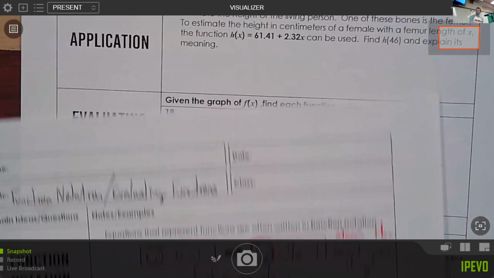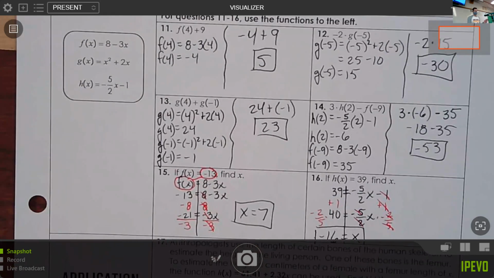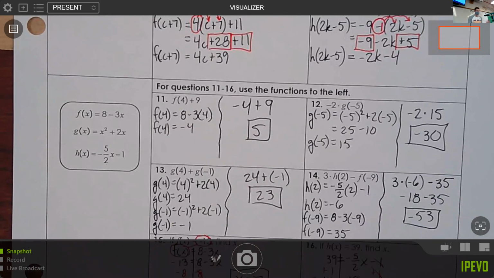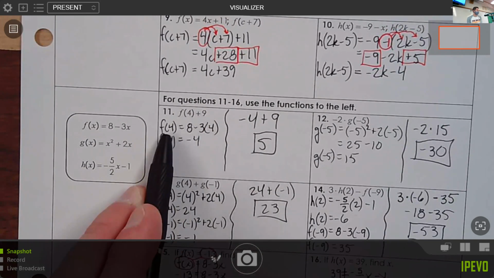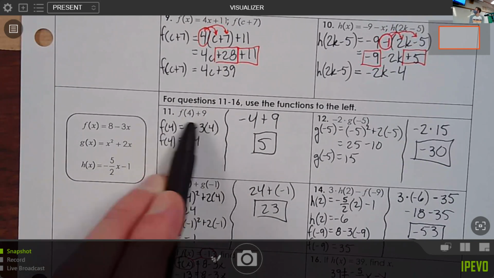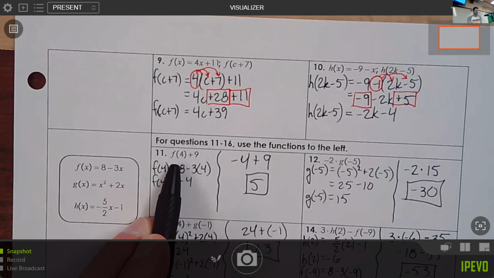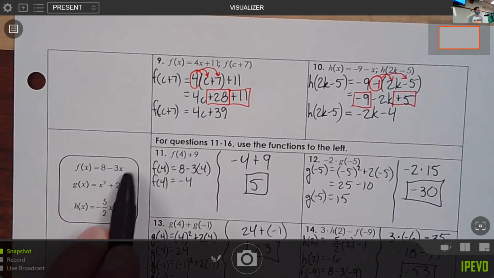Things got a little bit more challenging though when we got to the second page, where we had two things to substitute in for. We had to substitute in and solve for the value of the f of whatever the function was. And then once we got that number, we had to plug it back into the original problem at the top here. So like on number 11, we figured out f of 4 first using this f function here.